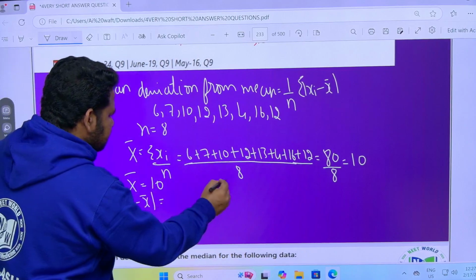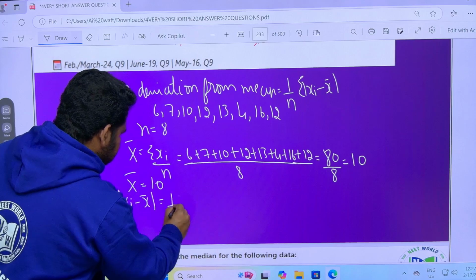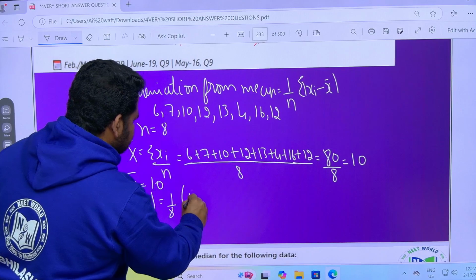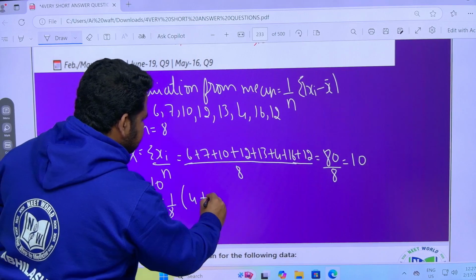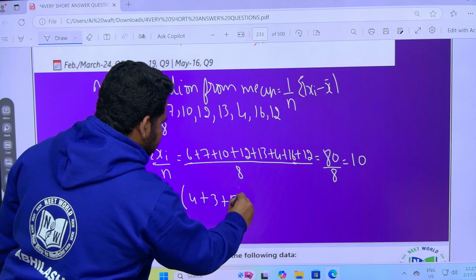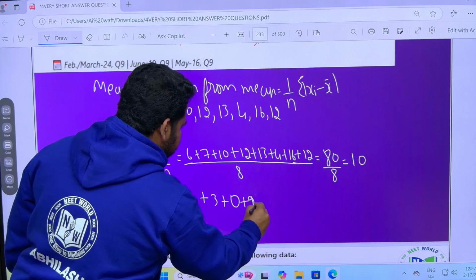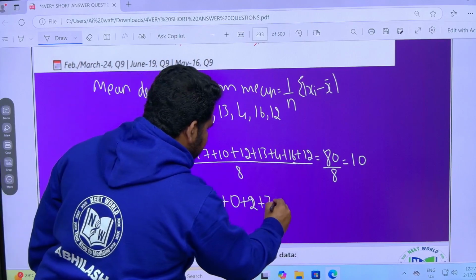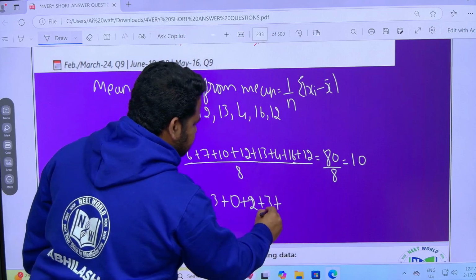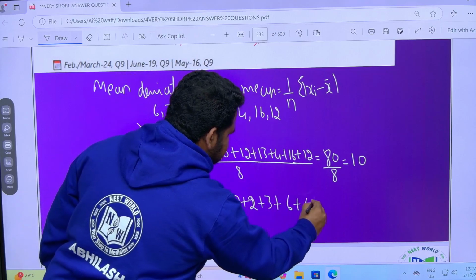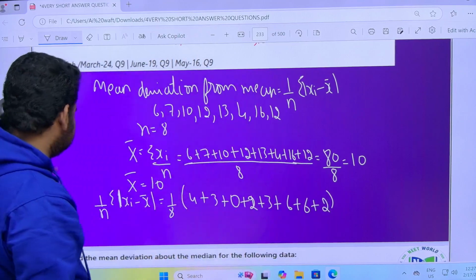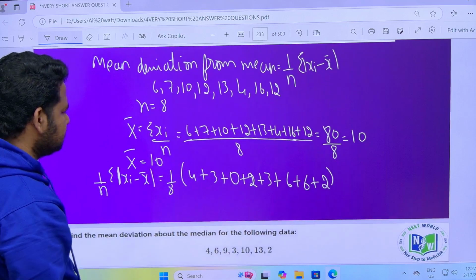This will become 1 by 8 into, I'll write directly: 10 minus 6 is 4, 10 minus 7 is 3, 10 minus 10 is 0, 10 minus 12 is 2, 10 minus 13 is 3, I'm taking absolute value because it is modulus, 10 minus 4 is 6, 10 minus 16 is 6, 10 minus 12 is 2. Okay friends, I have taken absolute values directly.